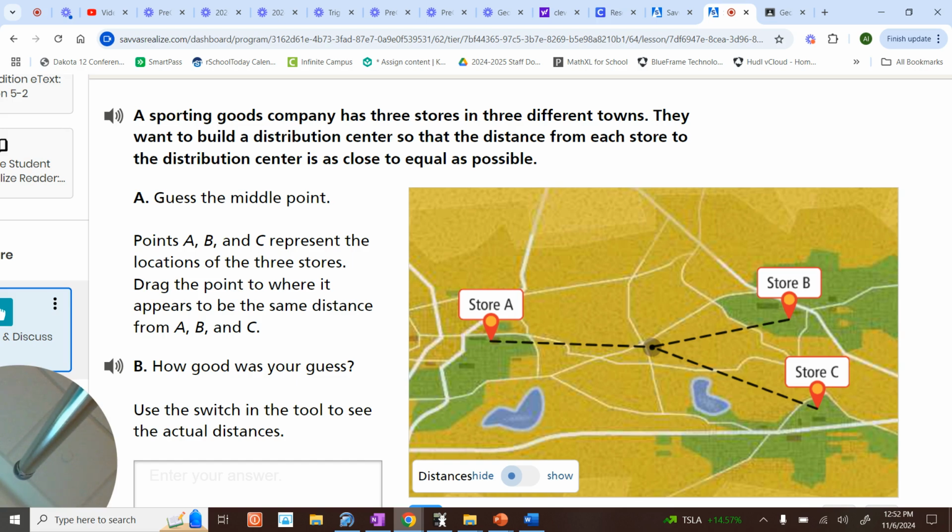Bad marker. This one. Okay, so there's a triangle.